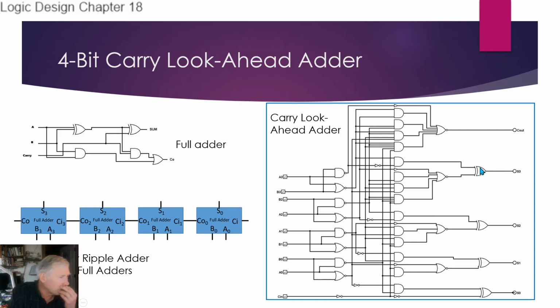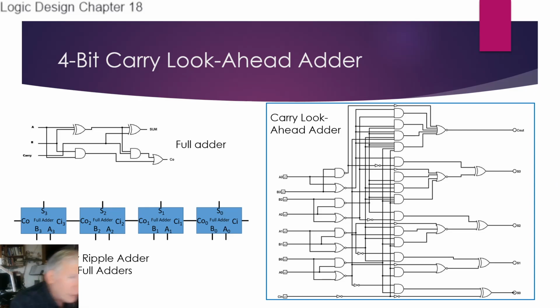There might be as much as 4 layers, but that's the worst case. As opposed to a 4-bit ripple adder, where you'd have 2 gates at each bit, so 2, 4, 6, 8 gates worst case. Whereas here, the worst case is maybe 4 gates, 4 layers.